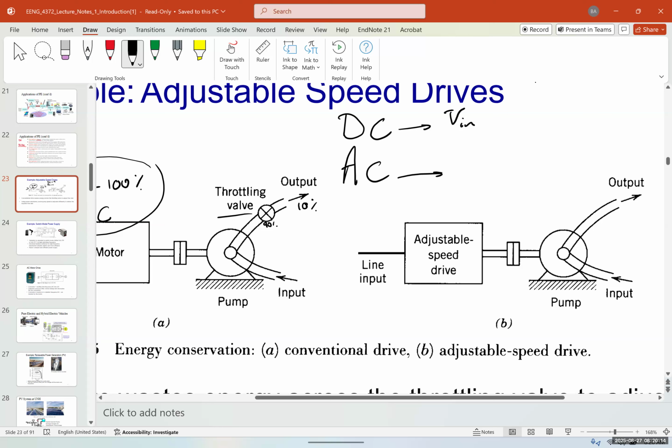Did you have the equation 120 N over P is equal to F? The rotational speed of an AC motor depends on two main things.